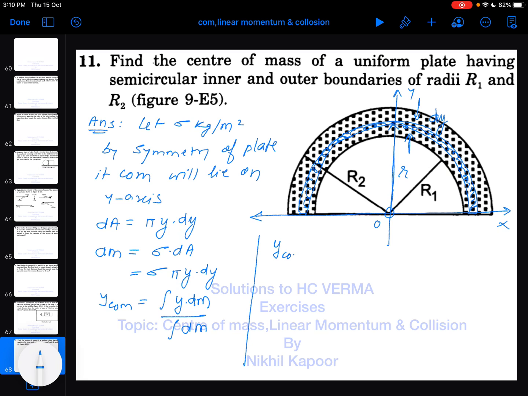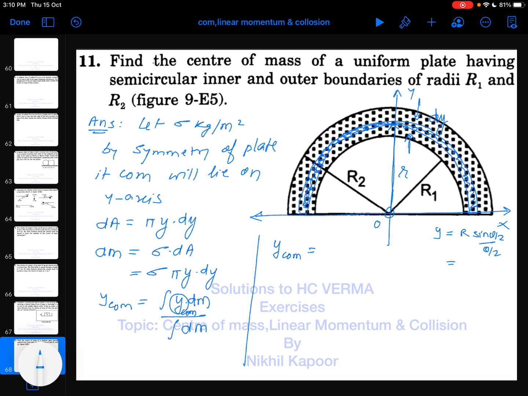Now the y coordinate of center of mass will be equal to, first of all, here y stands for the center of mass of the element. As the element itself is a ring, what will its center of mass be? That we have to find. So the center of mass of an arc, we know, is r sine theta by 2 upon theta by 2.